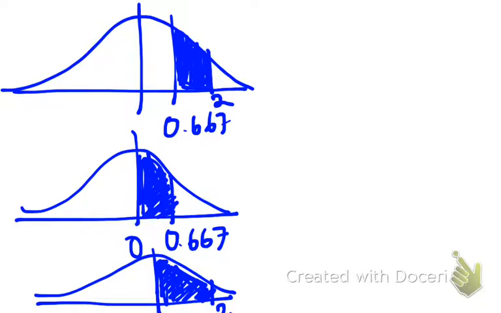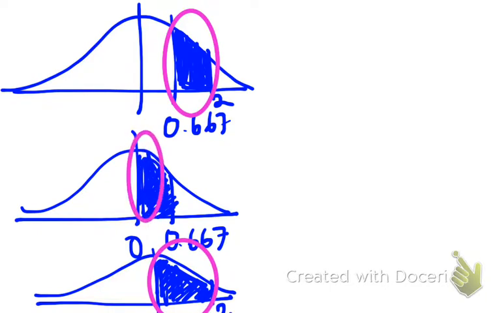So the area that we're trying to calculate, this area up the top there, is equal to this whole area here between 0 and 2, take away the area between 0 and 0.667, and that will leave me with the area between the two. So let's find those areas.